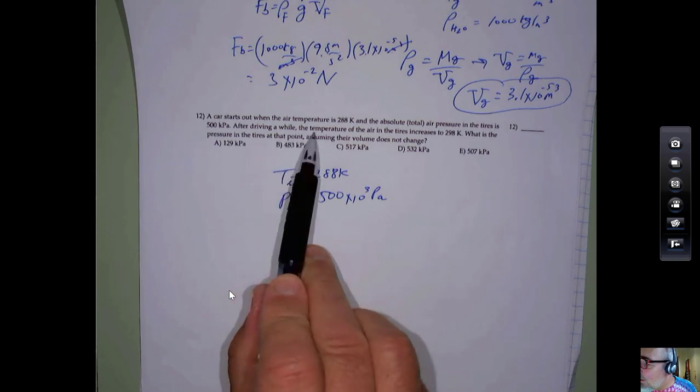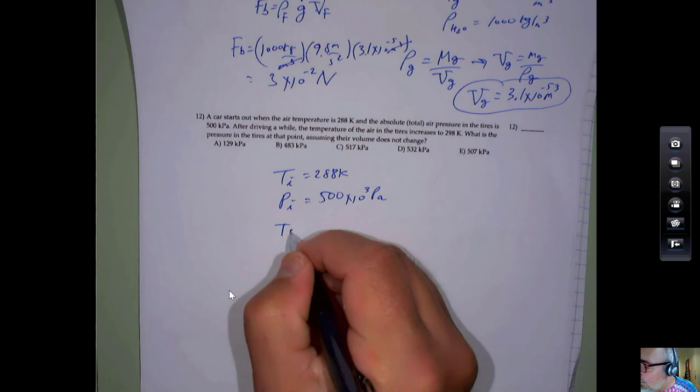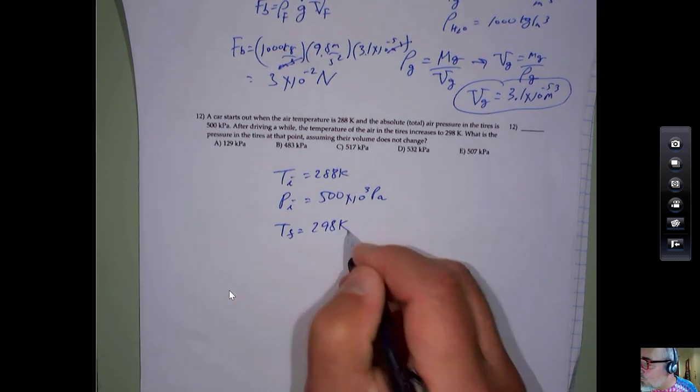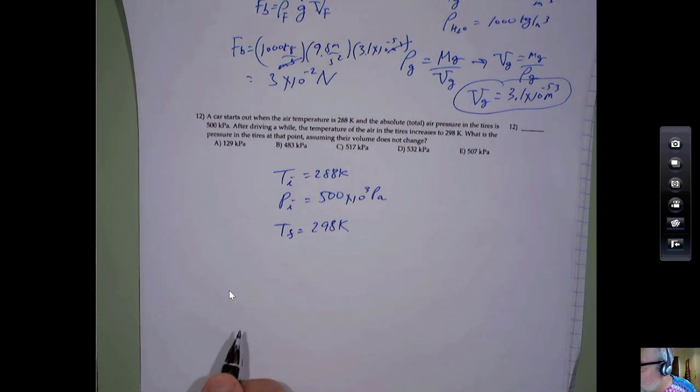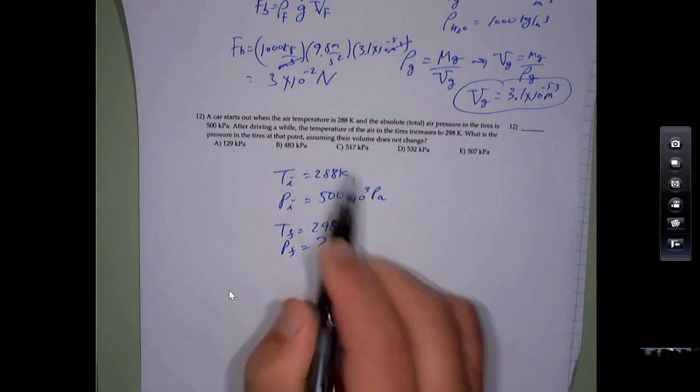After driving a while, the temperature increases to 298. So this is an ideal gas type problem. If you've had a chemistry class before, you might have done these kinds of problems already. What is the pressure in the tires at this point, assuming the volume does not change?